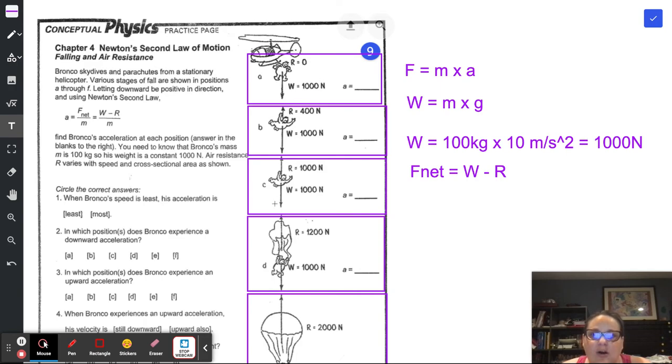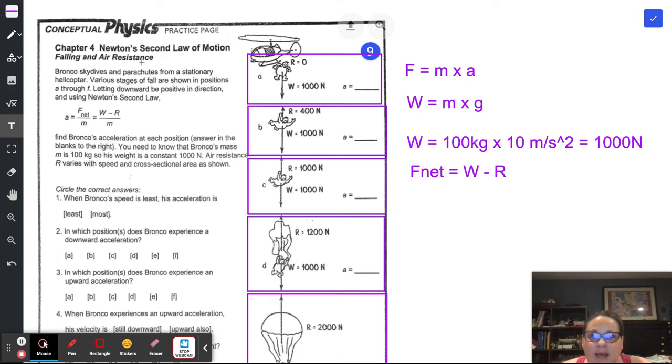We're going to call downward positive and upward negative per the instructions listed. So it does say to let downward be the positive direction. So we have positive W, and we are subtracting resistance. So net force equals W minus R.